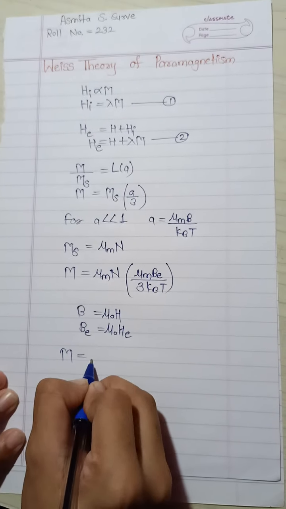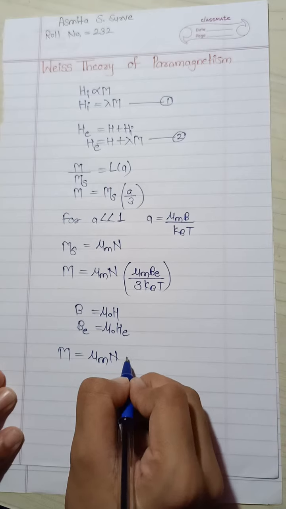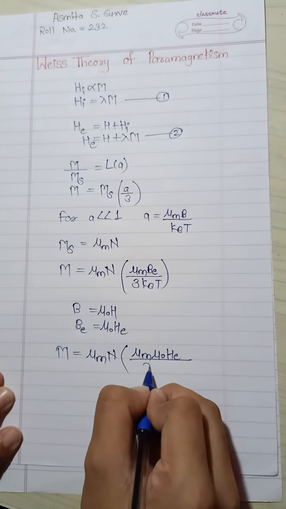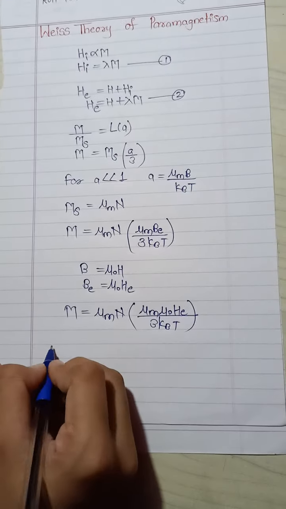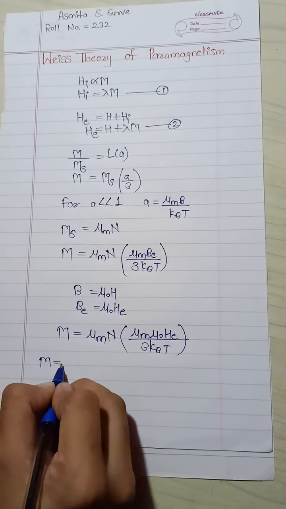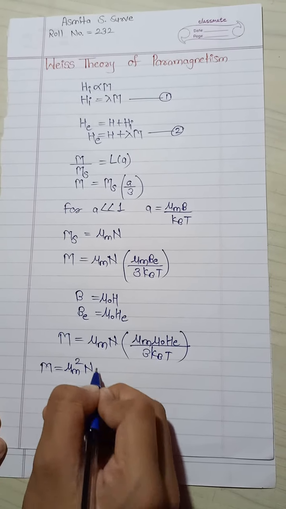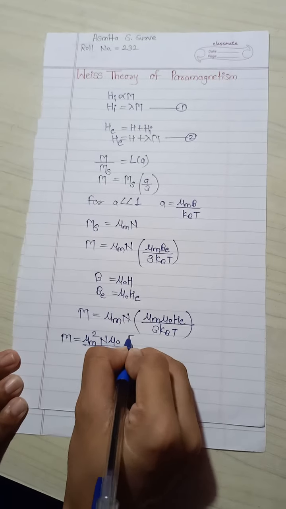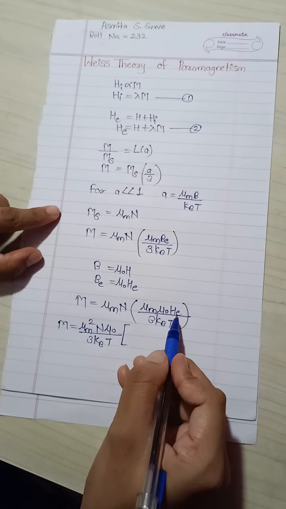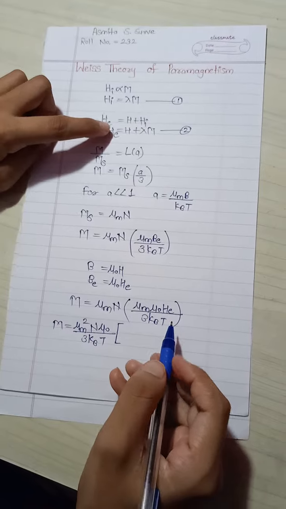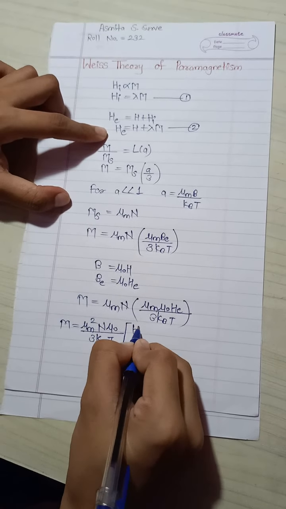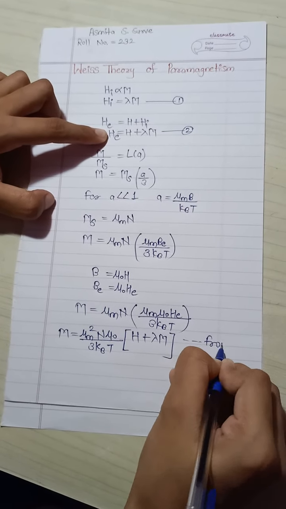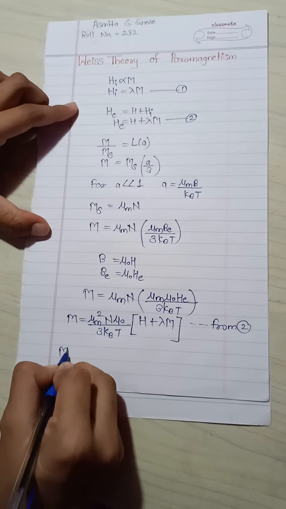Then magnetization is equal to mu_m n into mu_m mu_naught H_E upon 3 k_B T. Then magnetization is equal to mu_m squared n mu_naught upon 3 k_B T times H_E. Then for H_E, from equation 2, put the value of H_E as H plus lambda M. Then magnetization is equal to this.